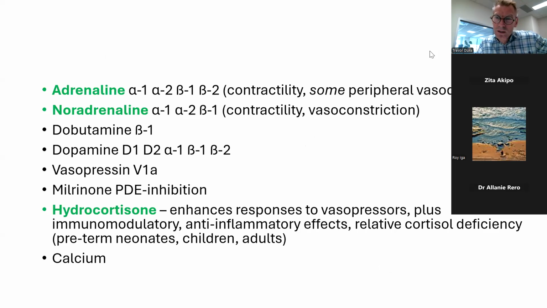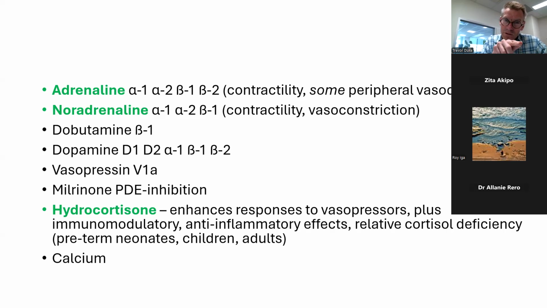So, as I said, I think it's good to focus on two agents, especially adrenaline and noradrenaline, and I'll say a bit later on about hydrocortisone. Some of these other inotropes that I've listed there, dobutamine, dopamine, vasopressin, and milrinone, either won't be readily available or they've gone out of use somewhat, particularly dopamine.